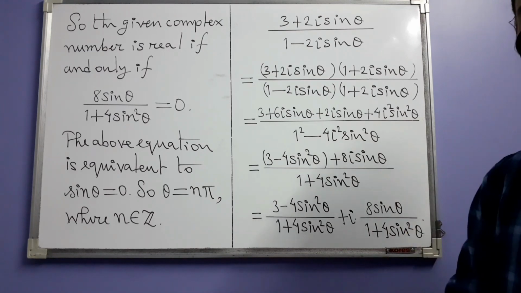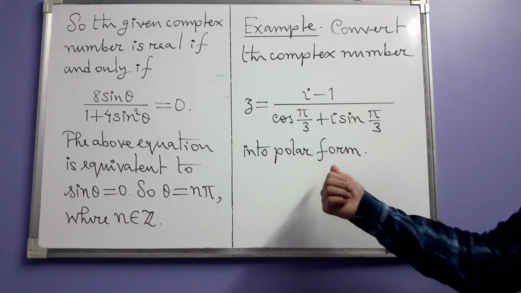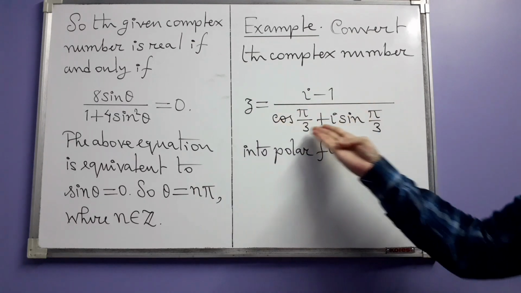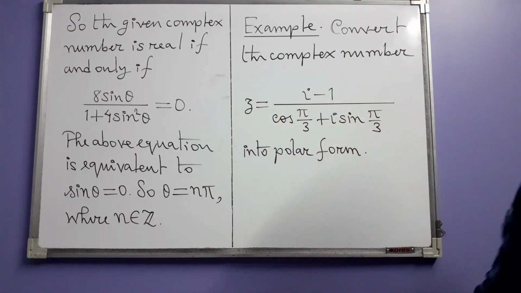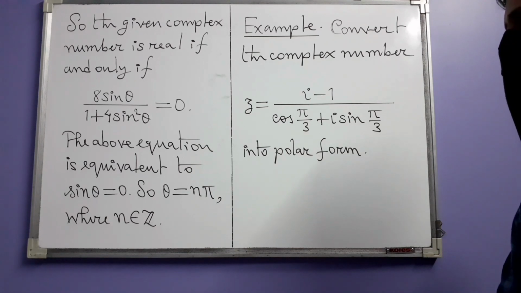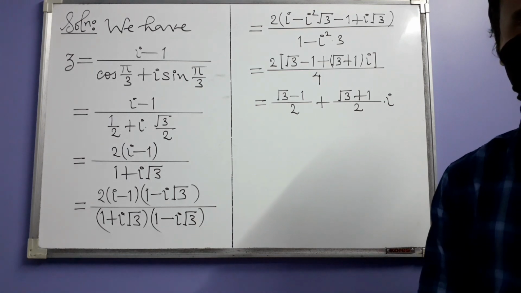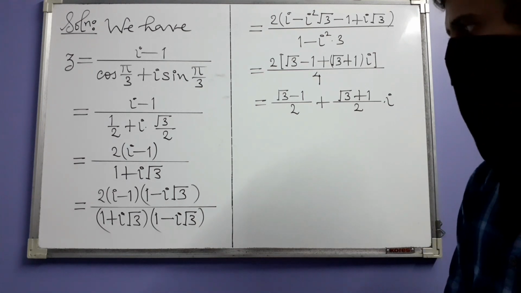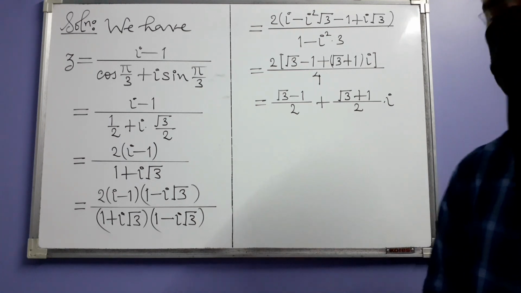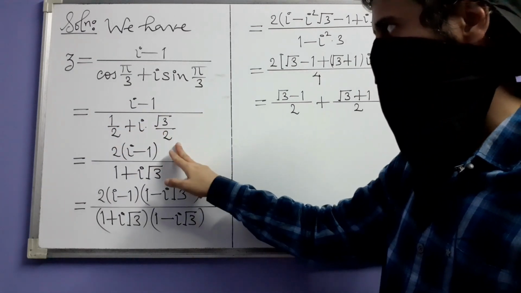And there is one more example. And that remaining example is this. We have to convert this complex number into polar form. So let's do that. So we first bring our complex number into the standard form by doing the necessary stuff. So first, of course, you just write what these values are.